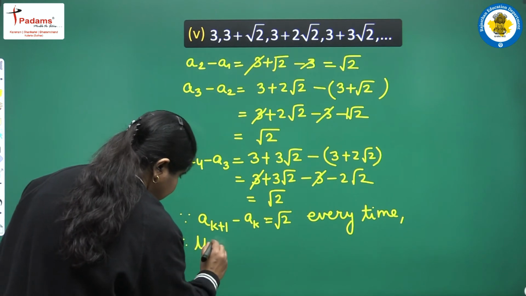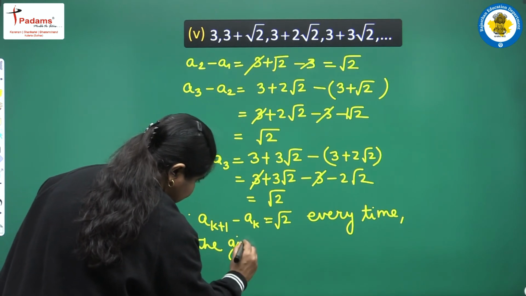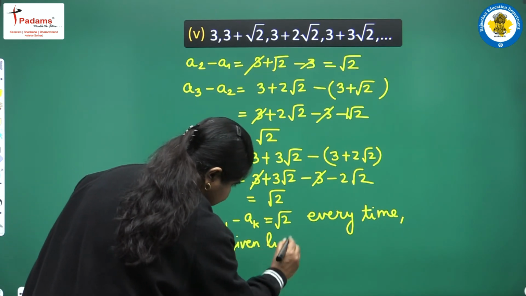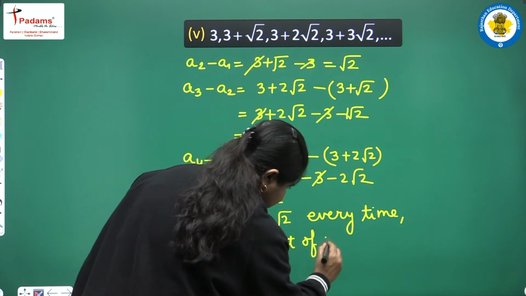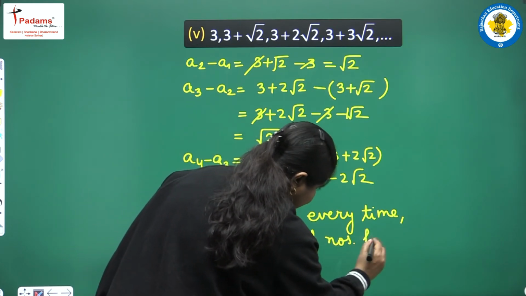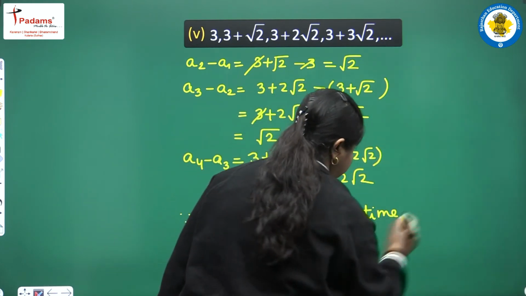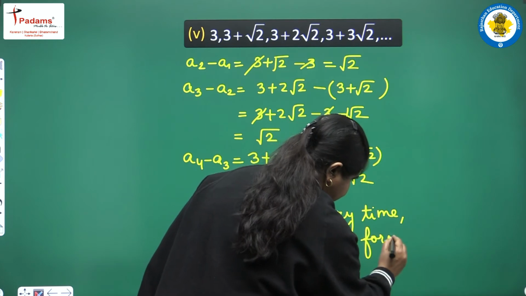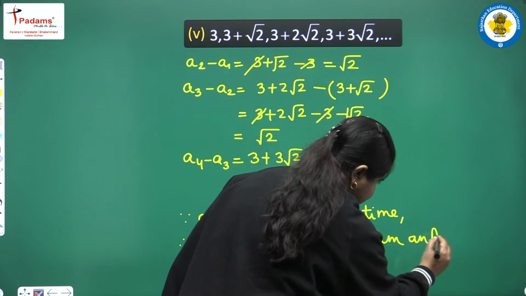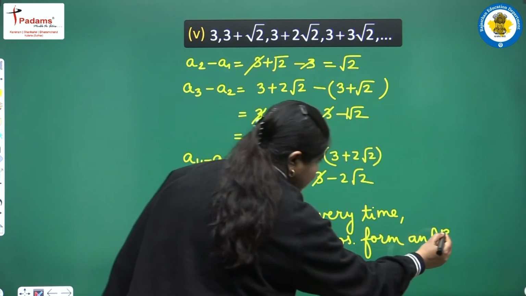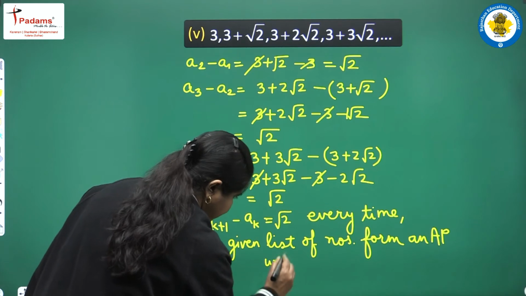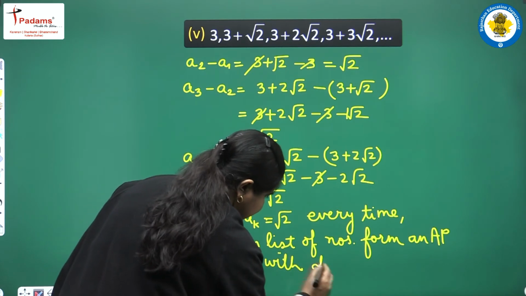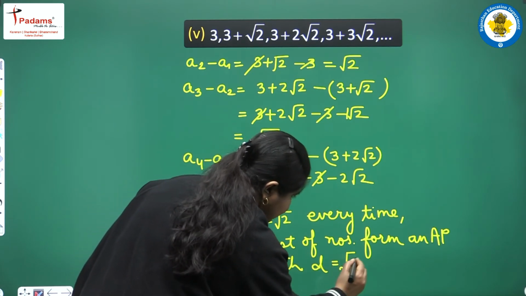Therefore, the given list of numbers form an AP with common difference D equal to square root 2.